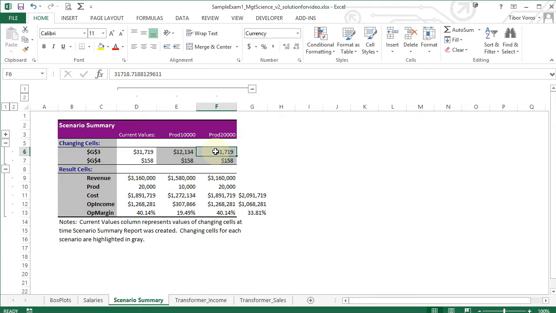So consequently, this means that in order to generate as high revenue as possible, Solver maxed out the price and sort of counteracted the price with advertising by increasing pricing for the 10 or 20,000 option.